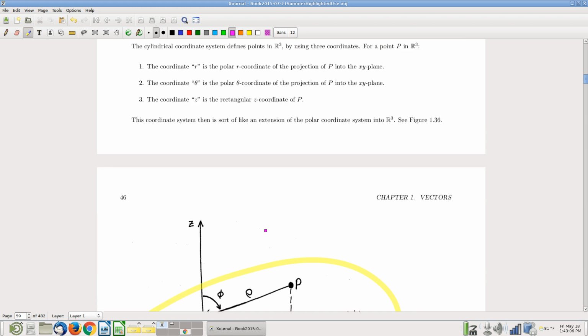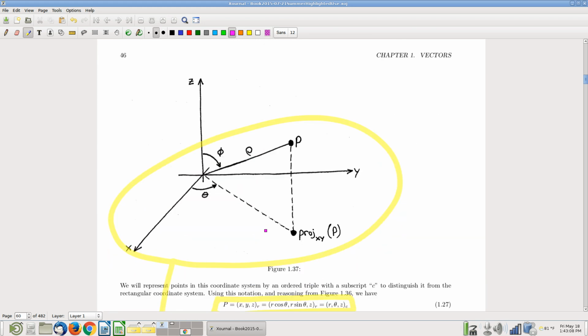Okay. Now, what you do have to be careful of is spherical coordinates. Also commonly referred to as polar coordinates in R3. That's a mistake. This is really pretty different from polar coordinates. The spherical coordinates of a point involve 2 different angles.